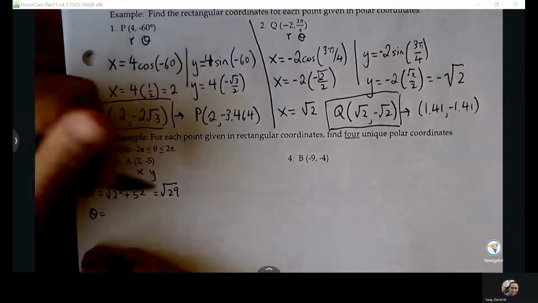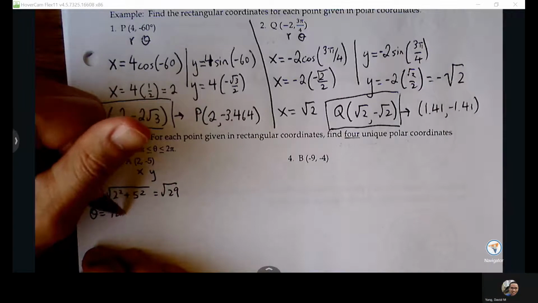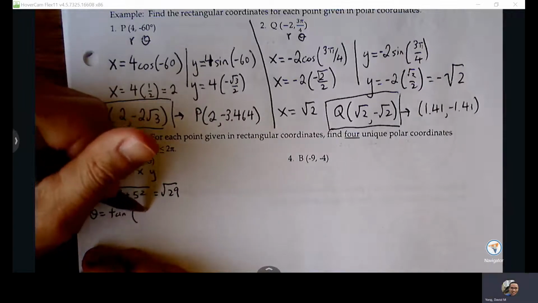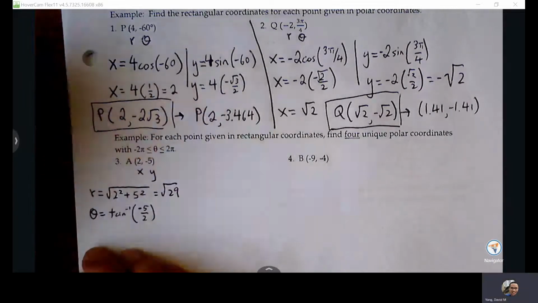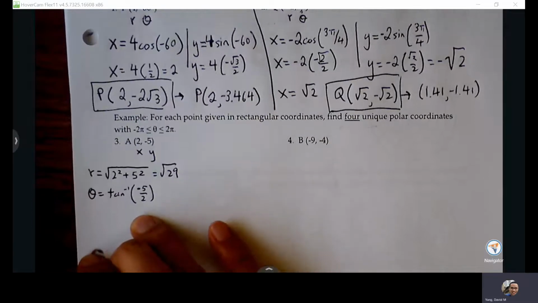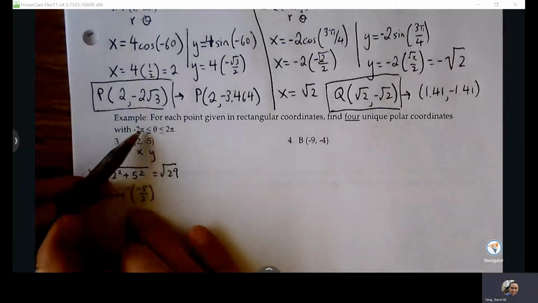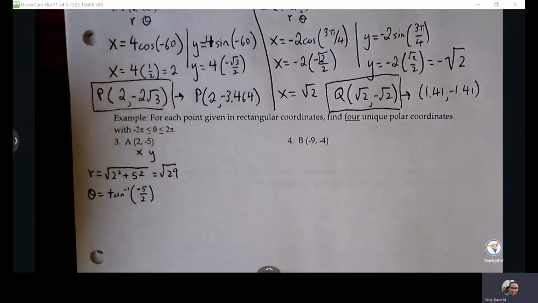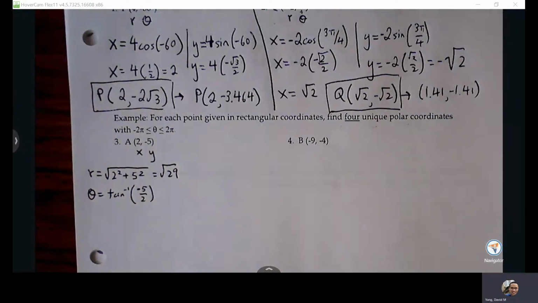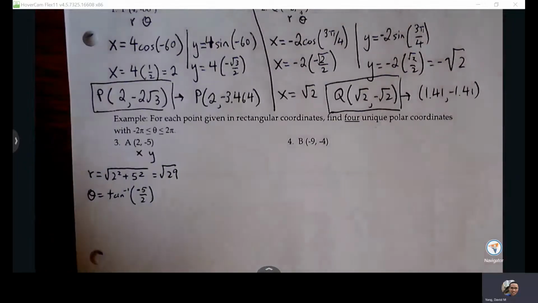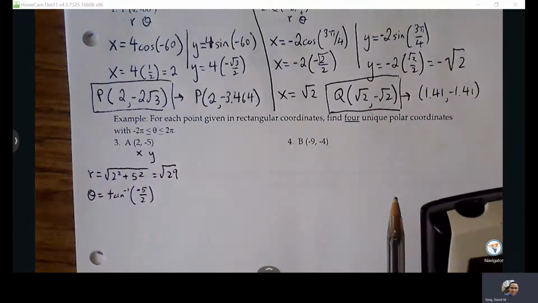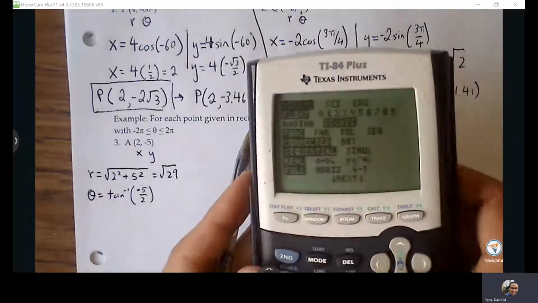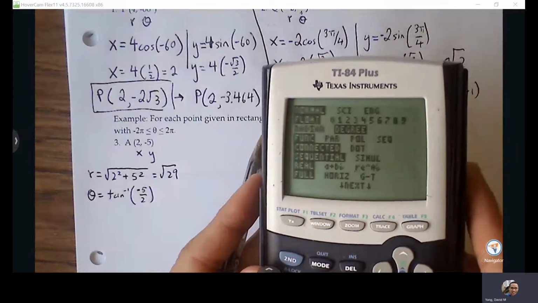So make sure you're in radian mode. Okay, everything turns to radians here. It's going to feel a little strange because we're used to seeing degrees, right? But we have to leave everything in terms of radians. So in your calculator, go to mode, make sure that you are in radian mode.